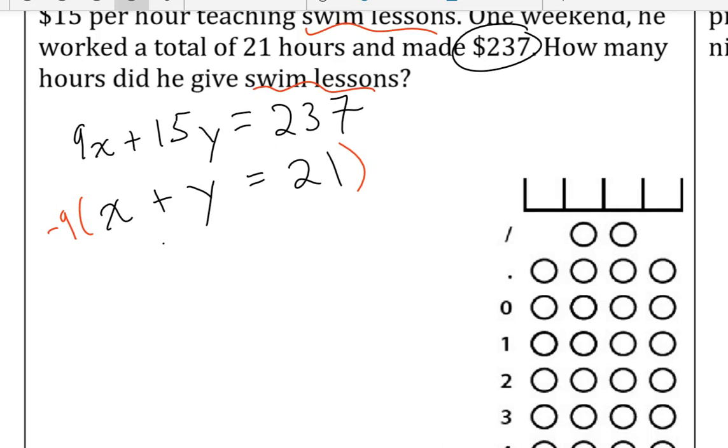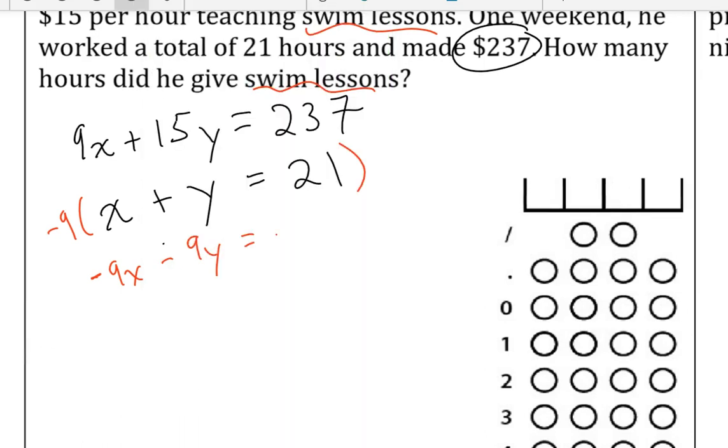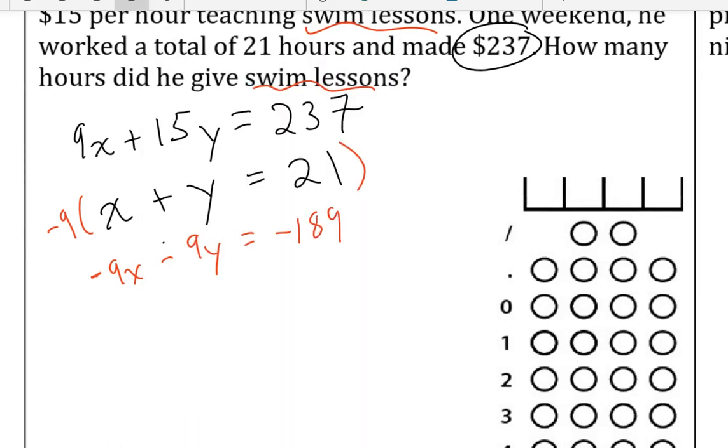So when I multiply this out, I'll get -9x minus 9y is equal to, let's make sure we get this one right, 21 times -9, -189. So this one's donezo, right? Now I'm going to go ahead and work with my other two. So this one and this one.